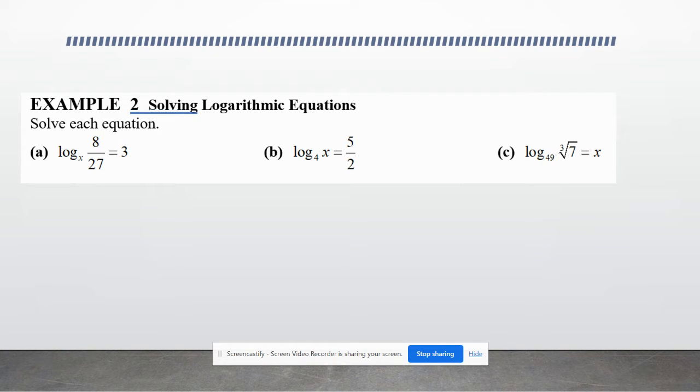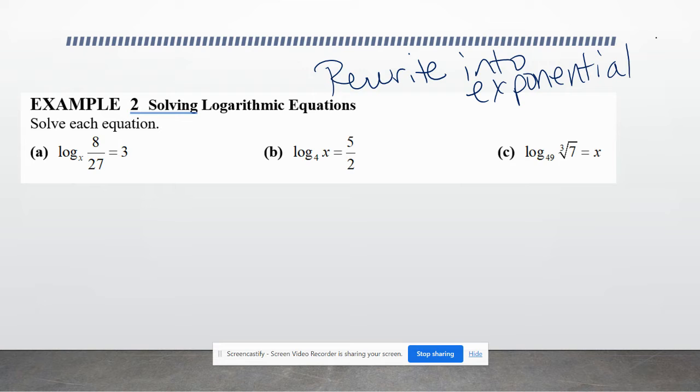Solving these log equations, we are going to rewrite into exponential form. Our base here is x to the third power is equal to 8/27.